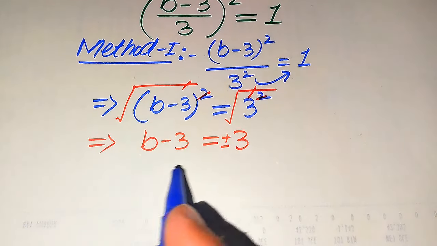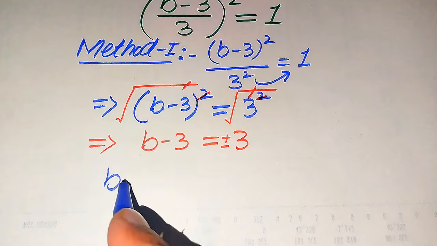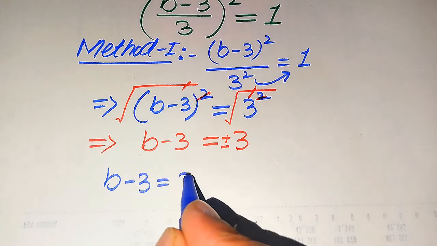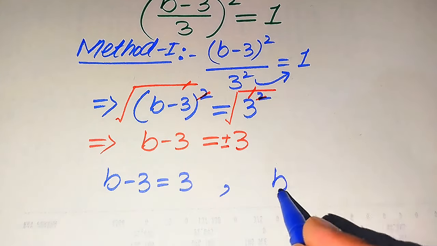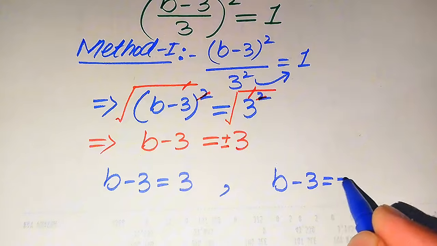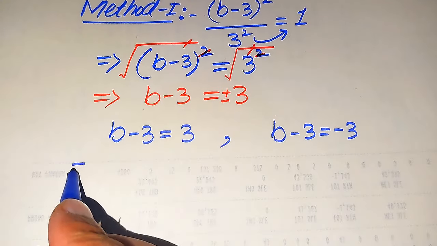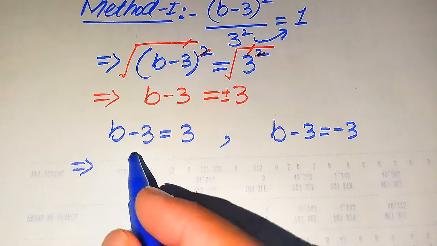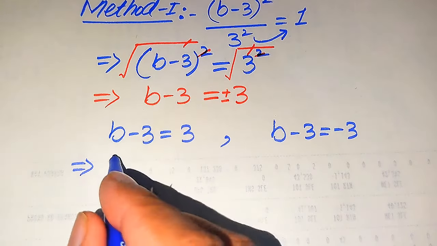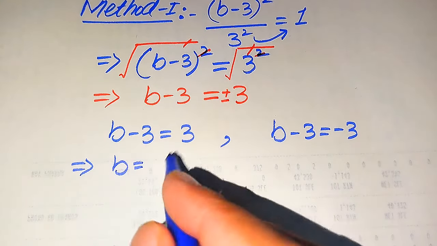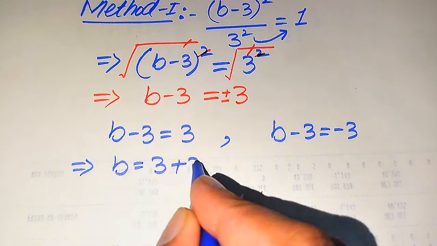Further, we break our right hand side, and here we write the positive value, and on this side we will write the negative value, it is minus 3. And further in the next step, in order to find the value of b, we need to move this minus 3 to the right hand side, and we get b is equal to 3 plus 3.